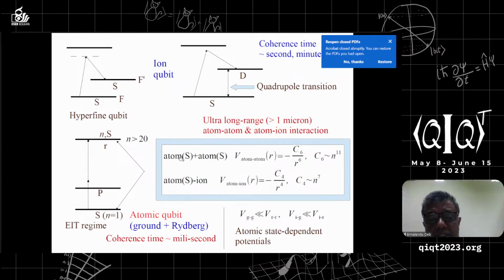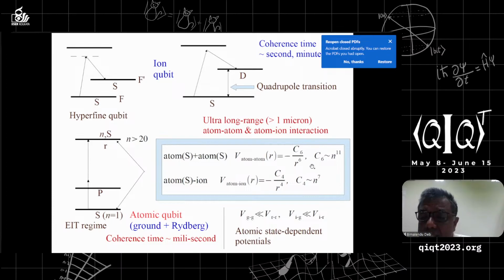But typically, if both atoms are in the S states, then they are spherically symmetric. Then the atom-atom potential goes as 1 by r to the power 6, where r is the separation between the two atoms. This is because these atoms are spherically symmetric, so this is second order in dipole-dipole interaction.